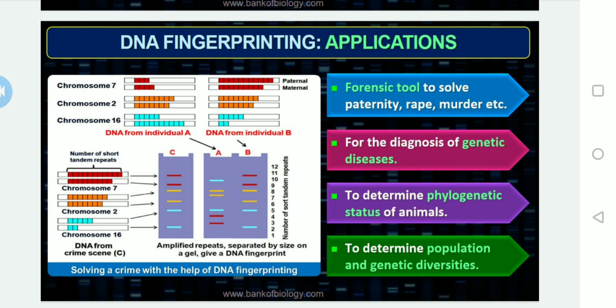In a number of cases, some people will reject it and say this is not my child, and if they are having any disputes with respect to paternal or maternal issues, then they will go to the court. In that court also they will suggest conducting DNA fingerprinting. Based on that they can solve all those problems.